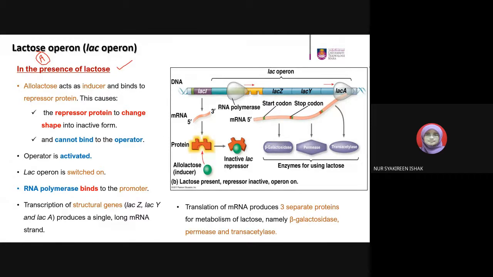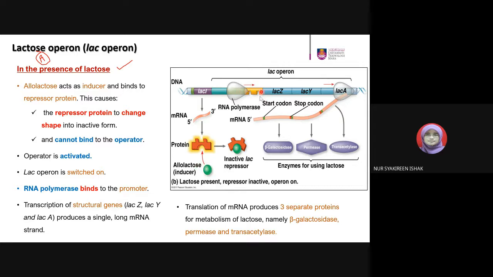Okay, so nampak keadaan dia sebelum dan selepas dia bind kepada allolactose. Berbeza kan? So bila dia dah berubah bentuk, the repressor protein cannot bind to the operator. So now the operator is activated and the lac operon is switched on. Okay, so lactose present, lac operon switched on because the repressor protein changes shape due to its binding to the allolactose.